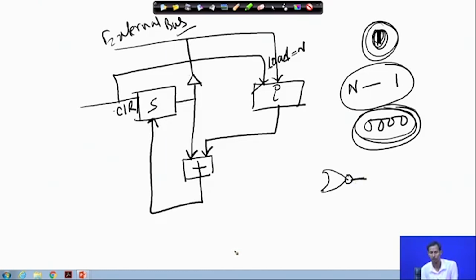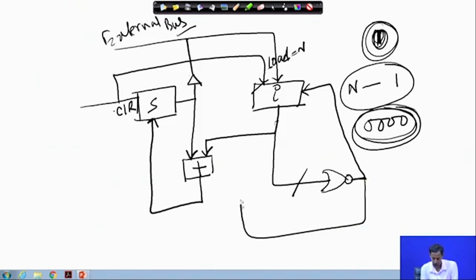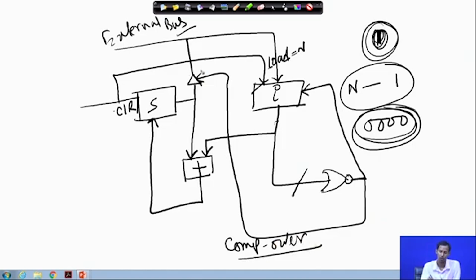That signal stops the counter, stops counting, and also serves as the computation-over signal, or it enables the buffer so that the corresponding value goes to the external bus.